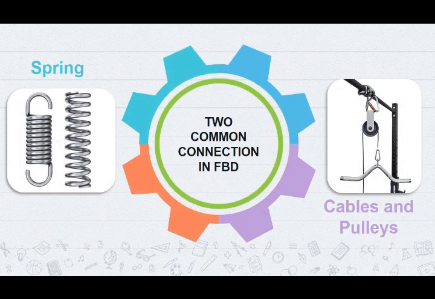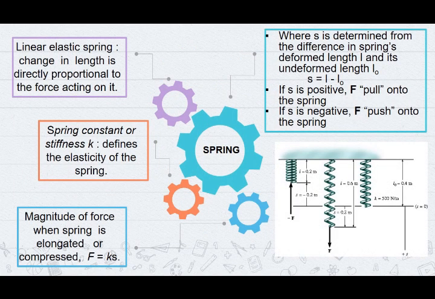There are two common connections in FBD. The first one is spring and the second one is cables and pulley. Linear elastic spring: change in length is directly proportional to the force acting on it.